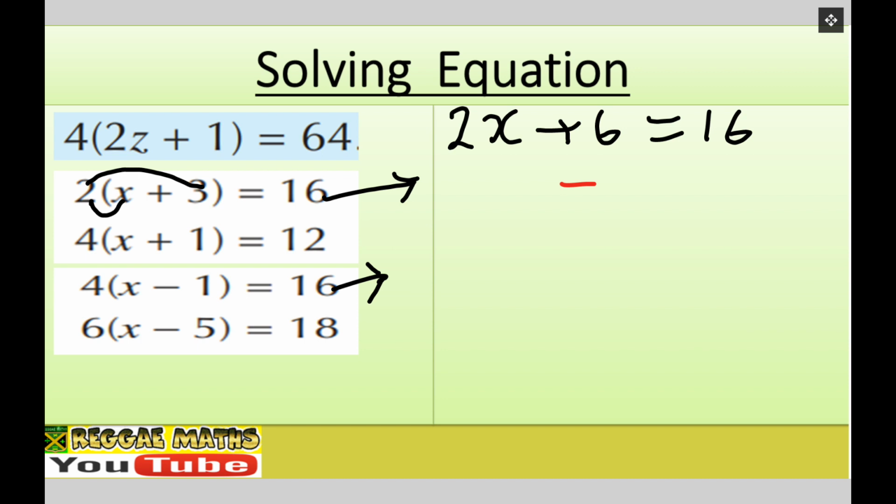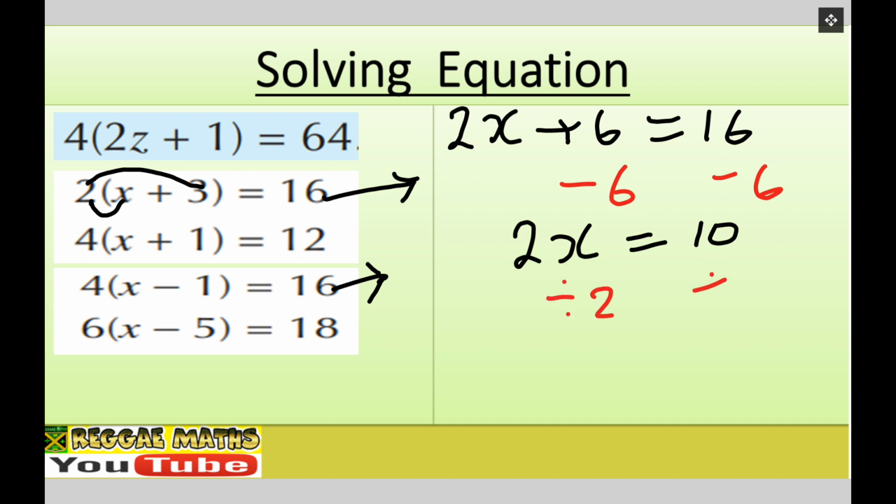So take 6 from both sides, you're left with 2x equals 10. Divide by 2, x equals 5.